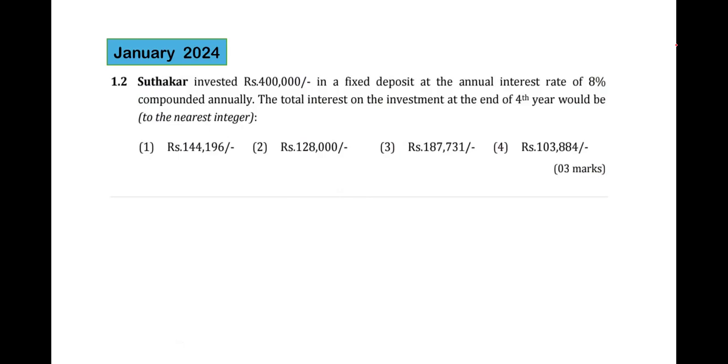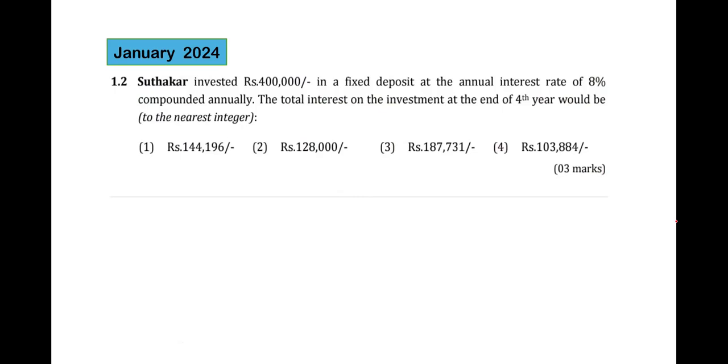The question: Sitakar invests in a fixed deposit at an annual interest rate of 8% compounded quarterly. The total interest on the investment at the end of 4 years would be. We deposit a single amount, then we want to find the value after 4 years. First, we identify the total amount after 4 years. After that, we can get the total interest.